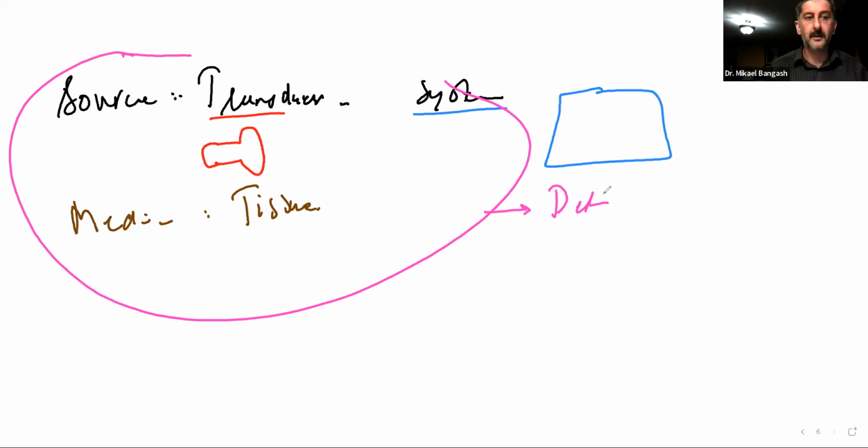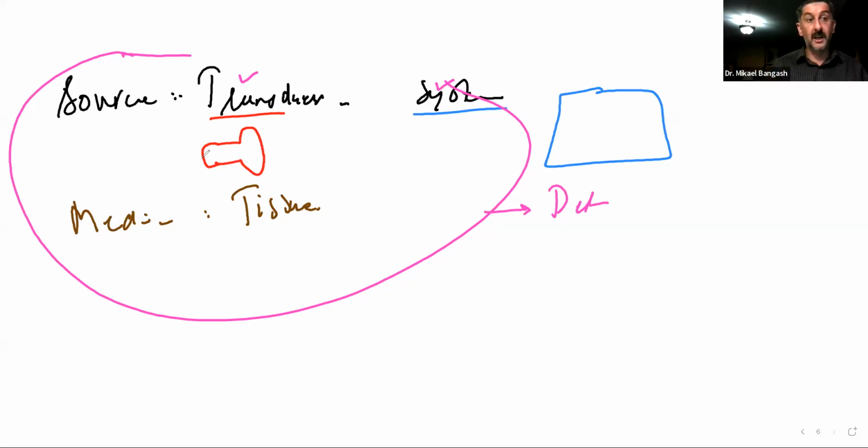Is that determined by the source? That mainly means this parameter can either be determined by the transducer or by the system. The transducer will determine the period, the frequency, and so on and so on.